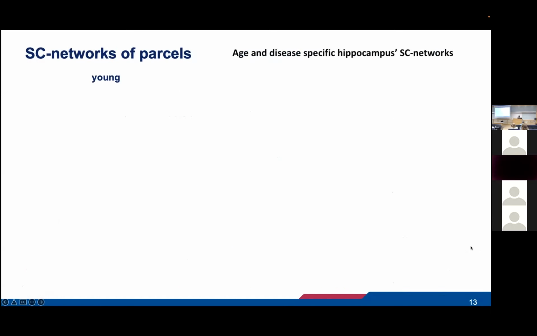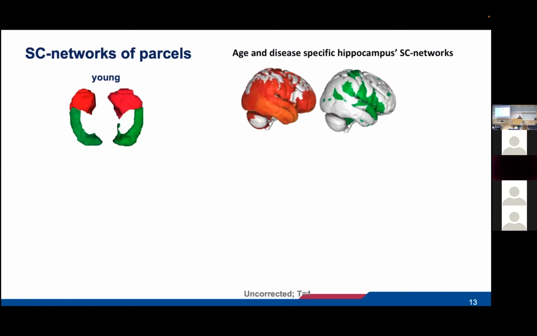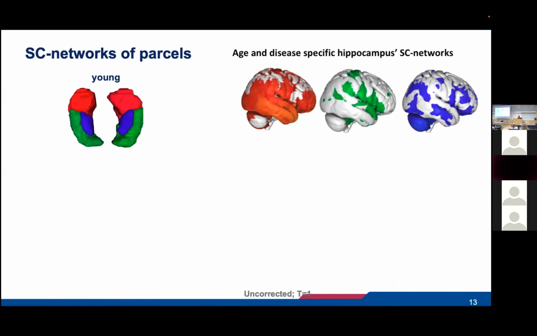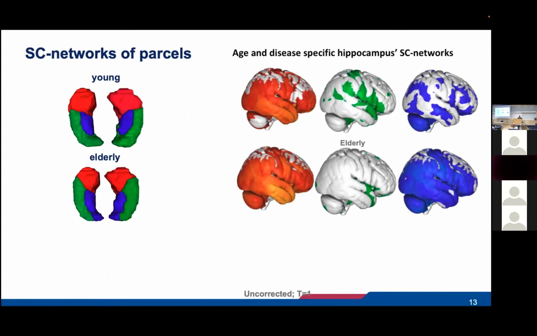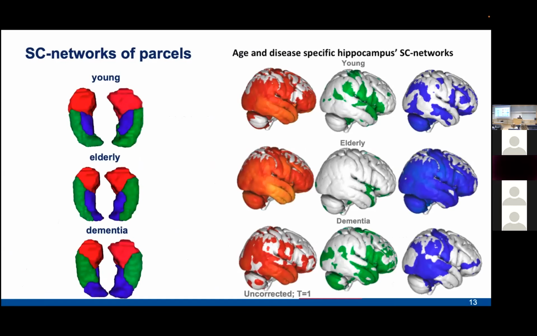We went one step further and we wanted to know what the underlying structural covariance patterns are. So we did it for every age group. What was striking is that in the elderly, we suddenly had an expansion of the blue medial subregion. In the dementia group, we had a decrease of structural covariance for the anterior hippocampus.